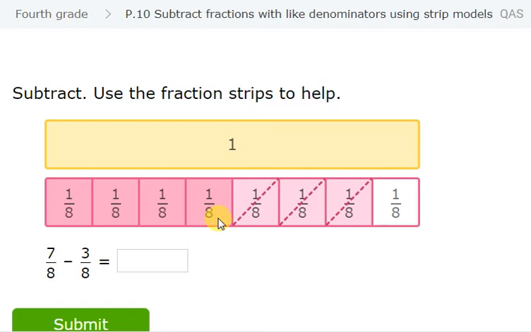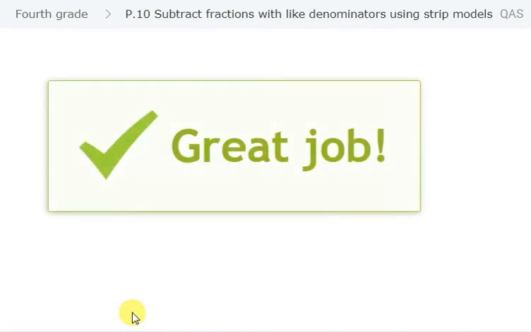So we have 7/8, and we have taken away or subtracted 3 eighths. So we are left with 4 eighths. So 4/8 is the answer. Again we see the same pattern. The denominator is not changed and the numerators have been subtracted. 7 minus 3 equals 4.